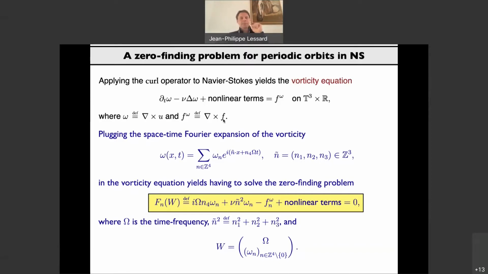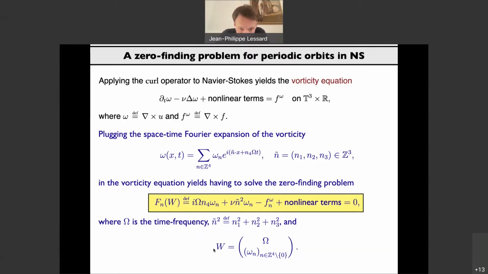So that's the representation in Fourier of the Laplacian, minus F_n, where F_n is the nth Fourier coefficient of the curl of the forcing term, plus some nonlinear terms. So these are the Fourier coefficients of the resulting Fourier expansion after you plug W, or omega, sorry, in the vorticity equation. Okay, so now you have an infinite dimensional zero finding problem.